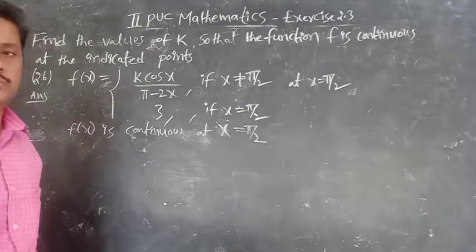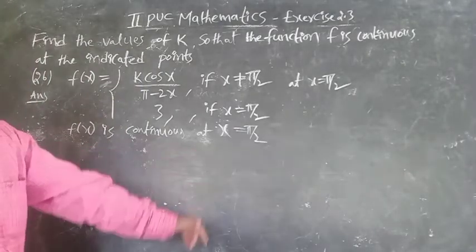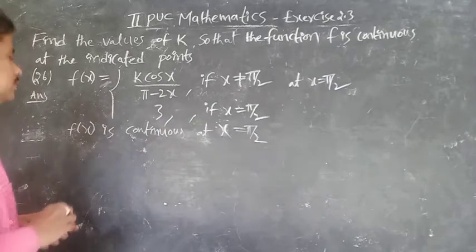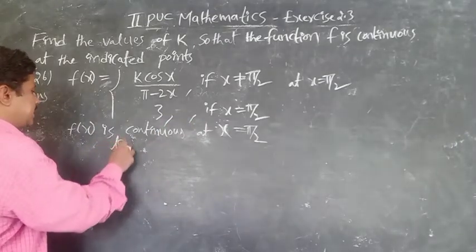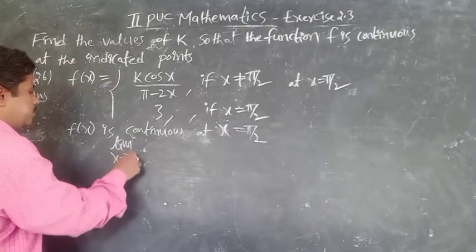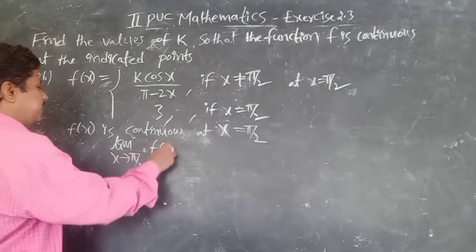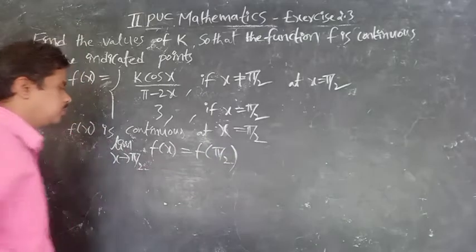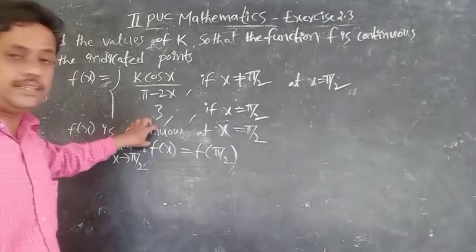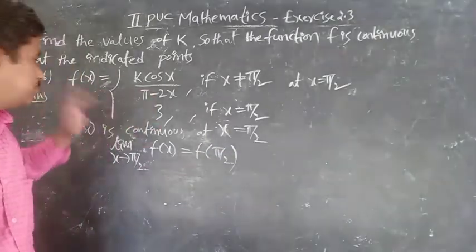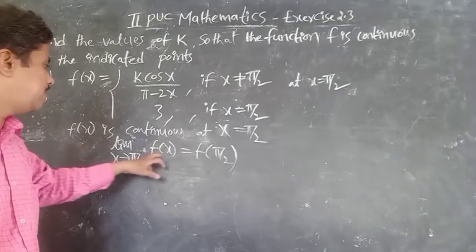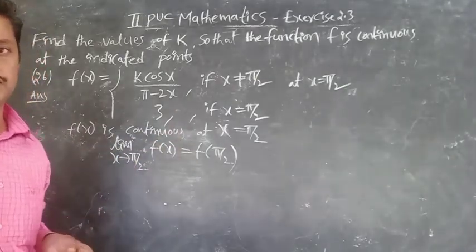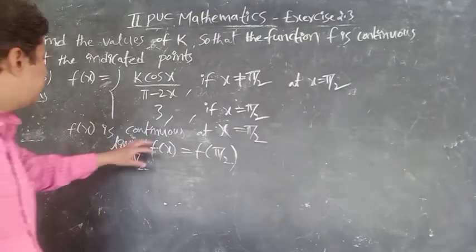When it is continuous, this condition is satisfied: limit x tends to pi by 2, f of x is equal to f of pi by 2. Continuity is already told in the problem itself. So limit x tends to pi by 2, f of x is equal to f of pi by 2.